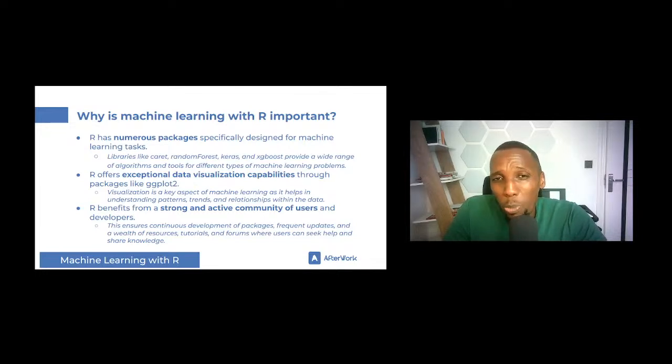R also has a strong community of active users, and that means generally there's a whole lot of documentation when it comes to problems that arise pertaining to machine learning. If you come across a problem and you're not sure what error you're getting, you just head on to online platforms where you could get support, like Stack Overflow.